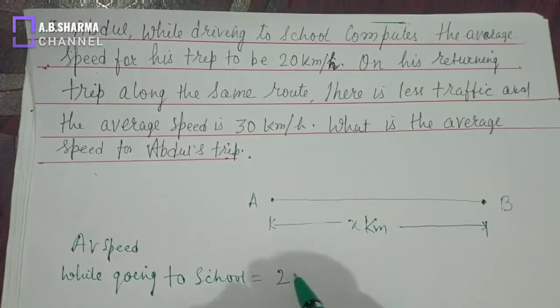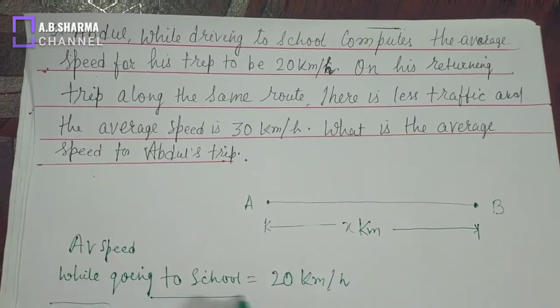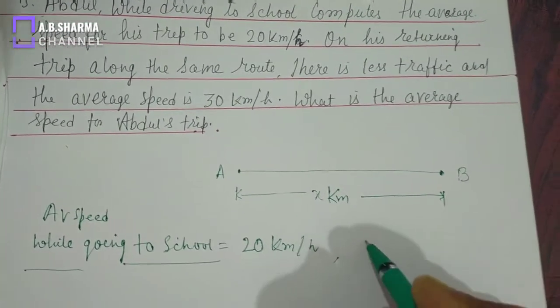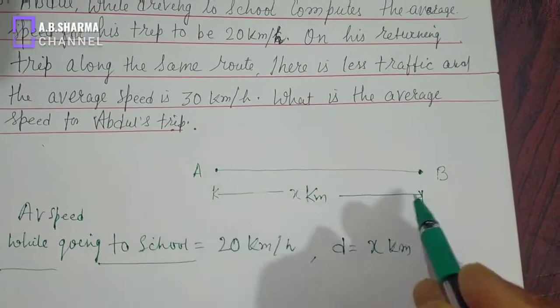It is written there, 20 km per hour. This is the average speed while going. The distance is x kilometer, as I have already explained.